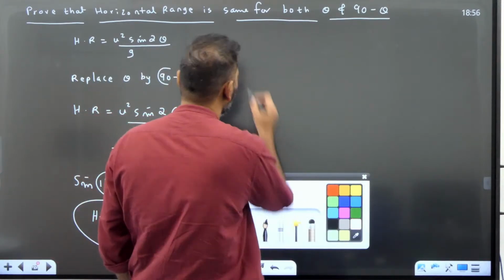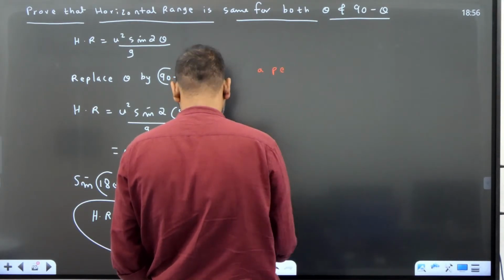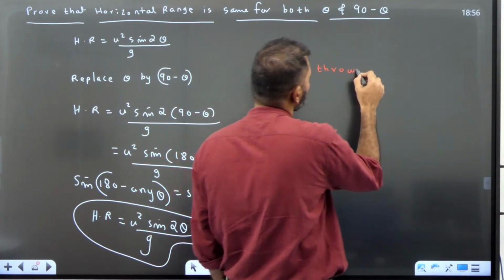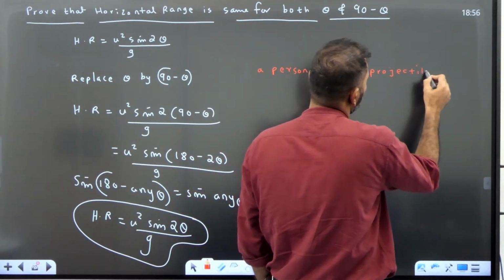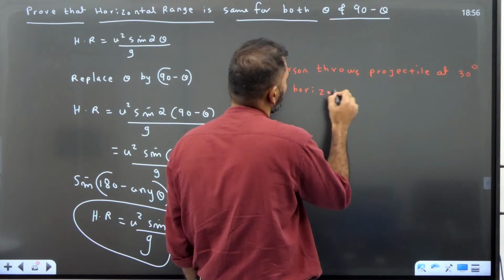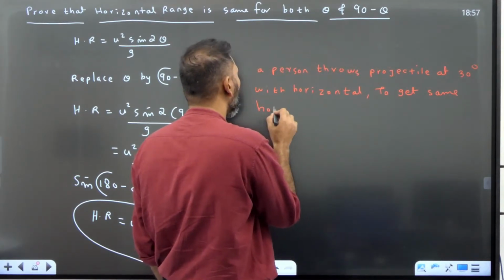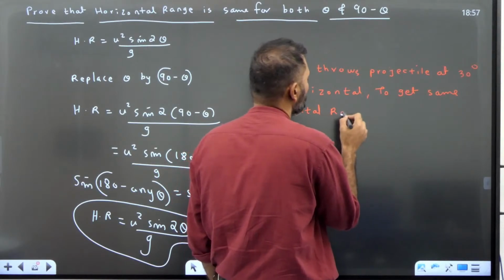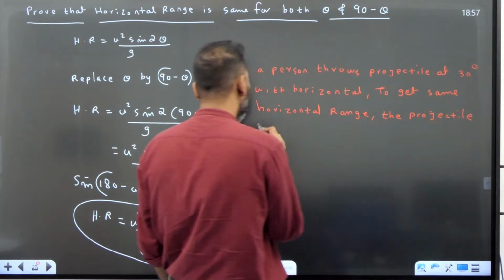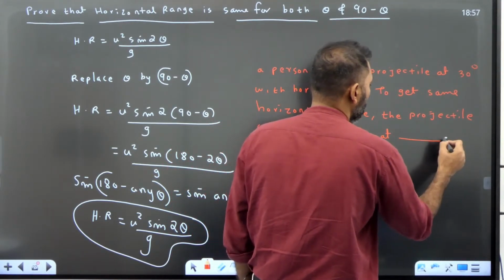So it is very important to understand that if a person throws a projectile at 30 degree with the horizontal, to get same horizontal range, the projectile can also be thrown at dash degree.